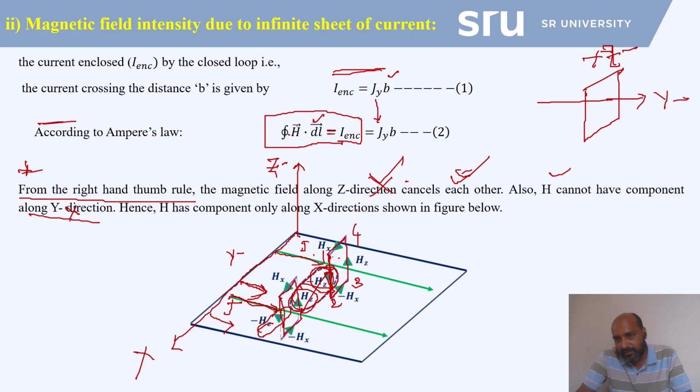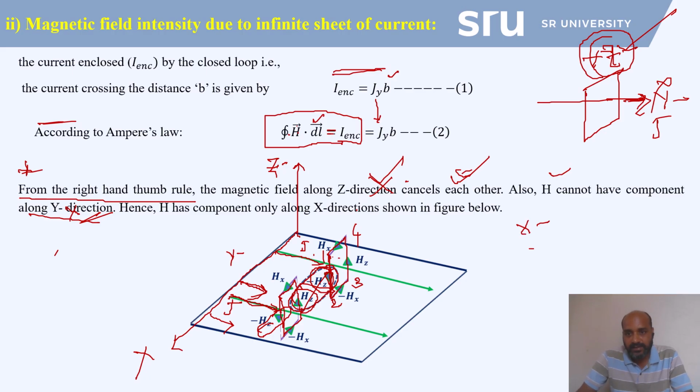So what does it mean? There will be no magnetic field component along the y-axis, because this is the direction of current. The magnetic field will always be in a plane perpendicular to the current direction. So that's why there will be no components along the y direction. So the magnetic field will be only in one direction, that will be x. That will be x direction.